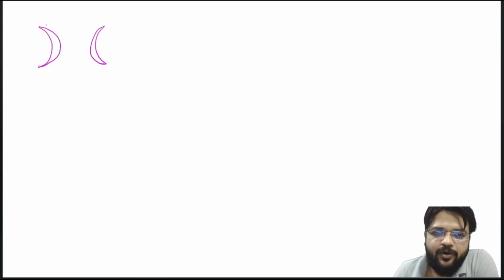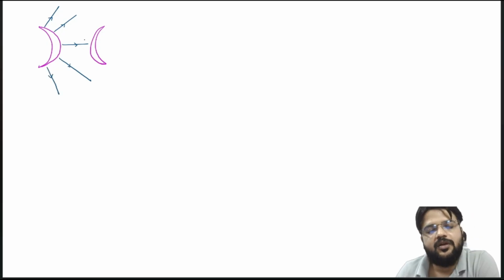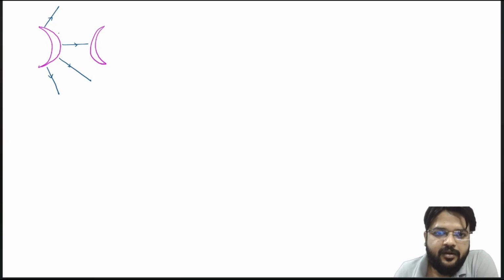If I draw the field lines, the field is perpendicular to the surface, correct? Electric field is always perpendicular to the surface. So we can see here the field is perpendicular to the surface. This line may bend and go from here to here.